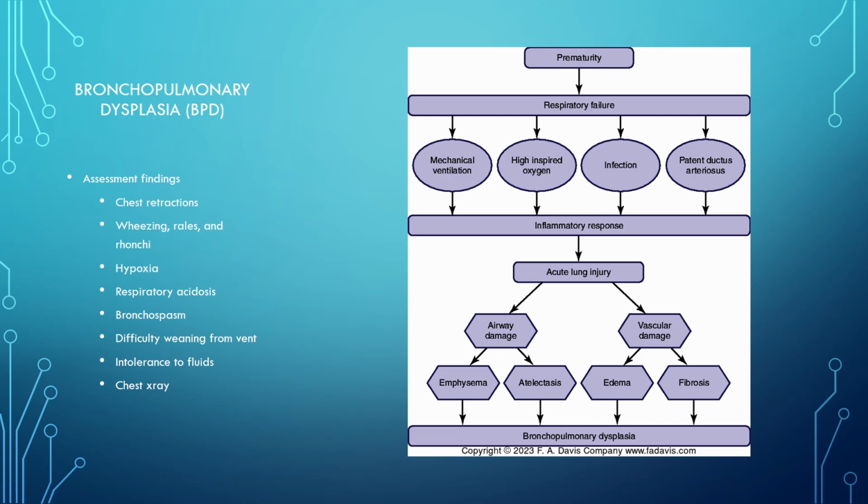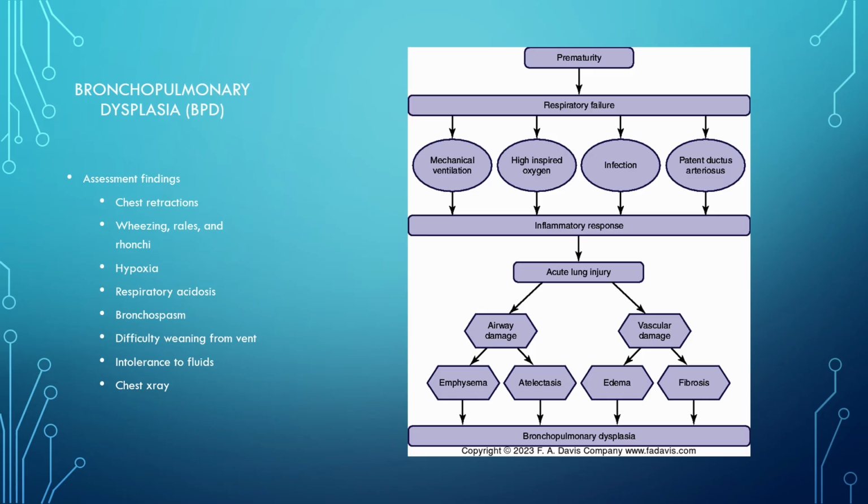So this occurs after the baby has been on a vent or on oxygen for 28 days of life or longer. So it's not something you'll see initially, but if we need to leave a baby with that extra oxygen or anything like that, this could develop. So as we try to take them off that oxygen or the vent, their lungs get so firm and they can't expand on their own.